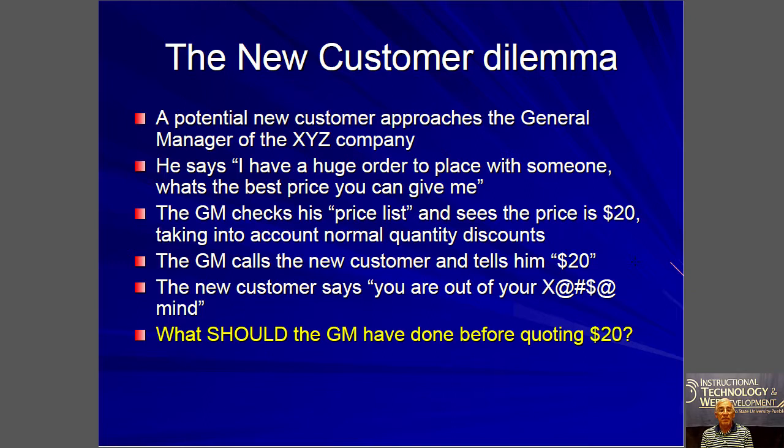What should the general manager have done before quoting the $20? Think of what we just did with a no-tell motel. Wouldn't it be better for a potential new customer with a very large order to see what the real marginal cost, the out-of-pocket, the incremental cost would be to make that unit?